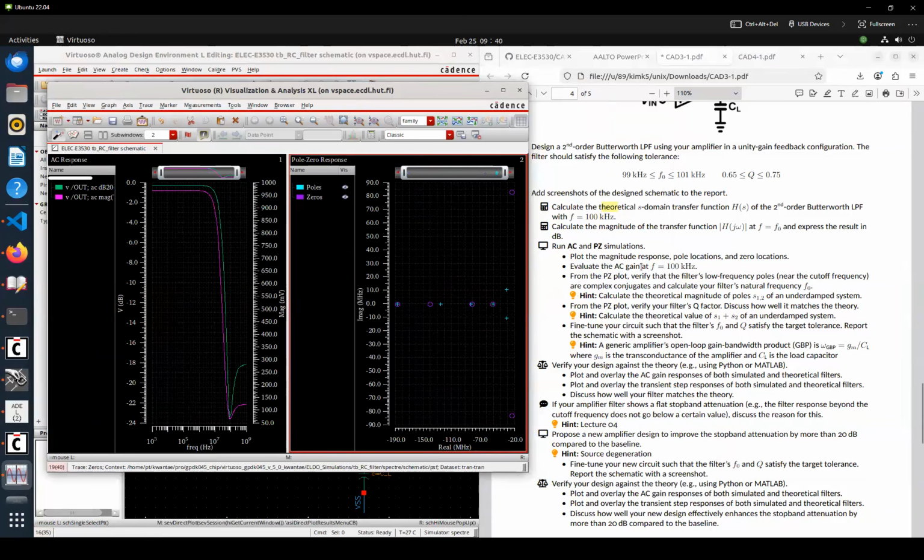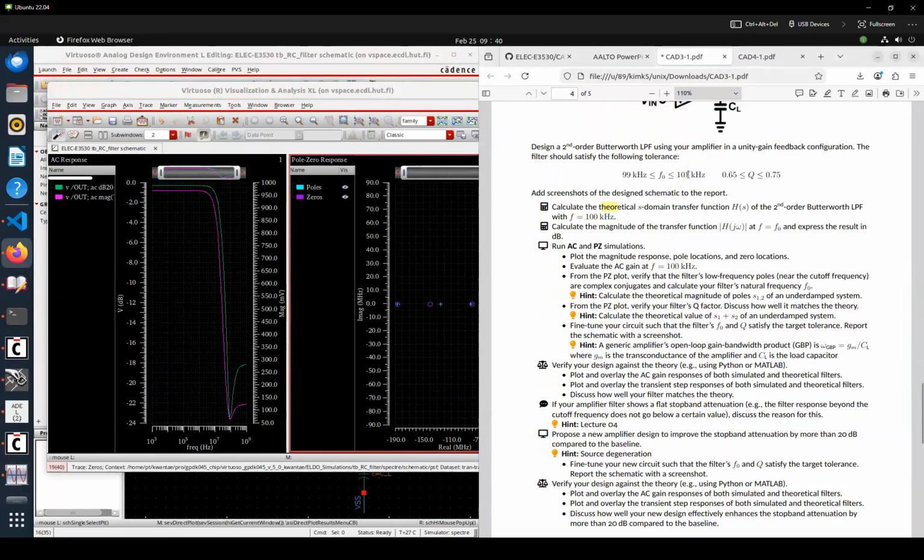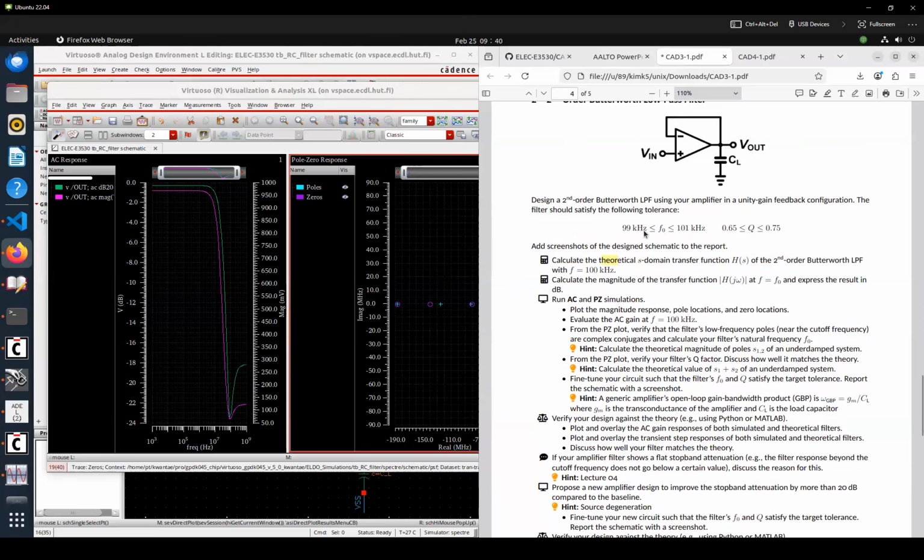And evaluate the AC gain at f equal 100 kilohertz. For this amplifier-based Butterworth low-pass filter design, let's first evaluate or redesign our amplifier to match f0 equal to 100 kilohertz.